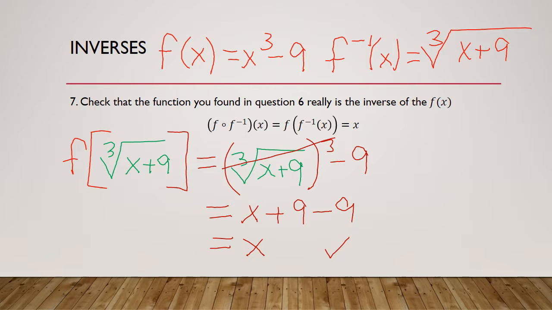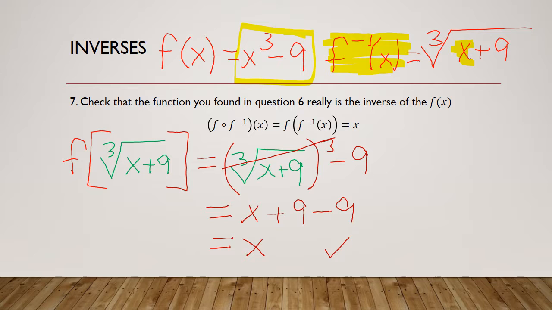So now cubed and cube root cancel, so I have x plus 9 minus 9, and plus 9 minus 9 cancel, and so I just have x. So far so good. I composed them this way, and they came out to just x.